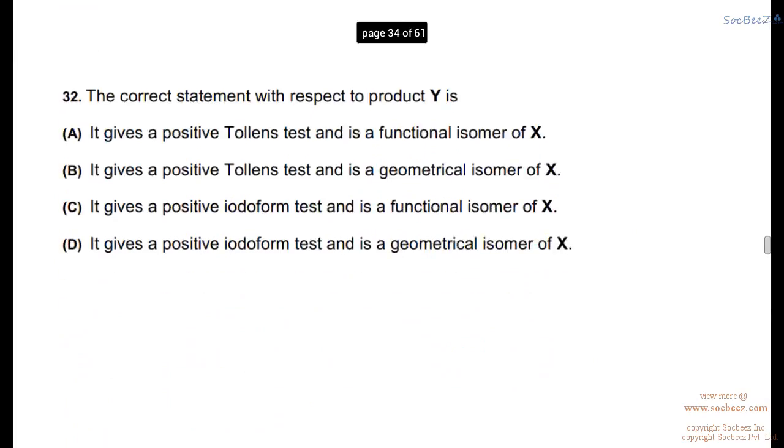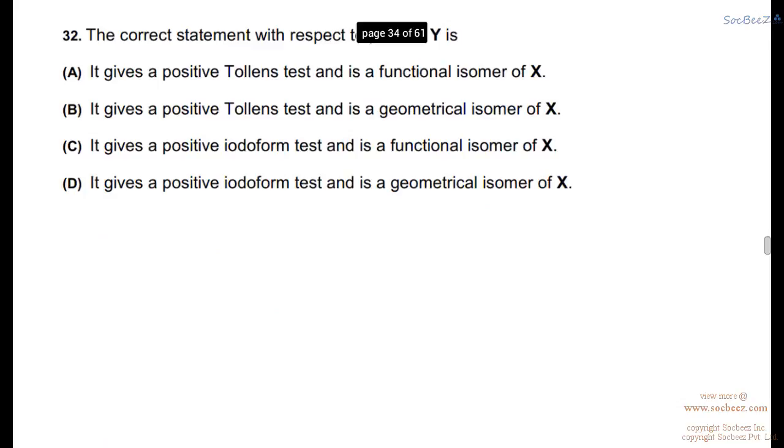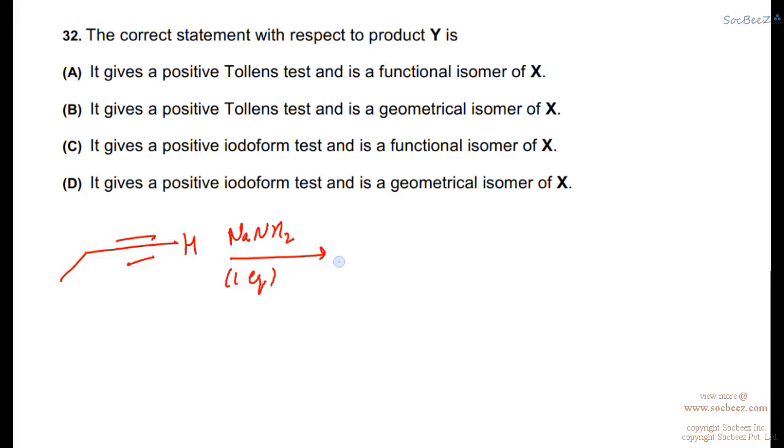Okay, so now let's move on to determining the product Y. The reaction will undergo like this. The reaction scheme is Na and H2, and now only one equivalent is there, therefore this will be the product.